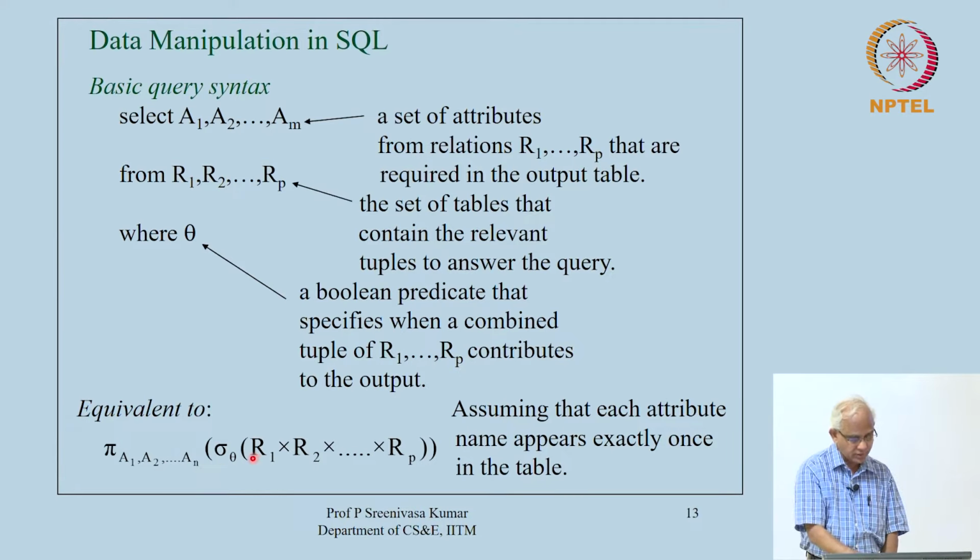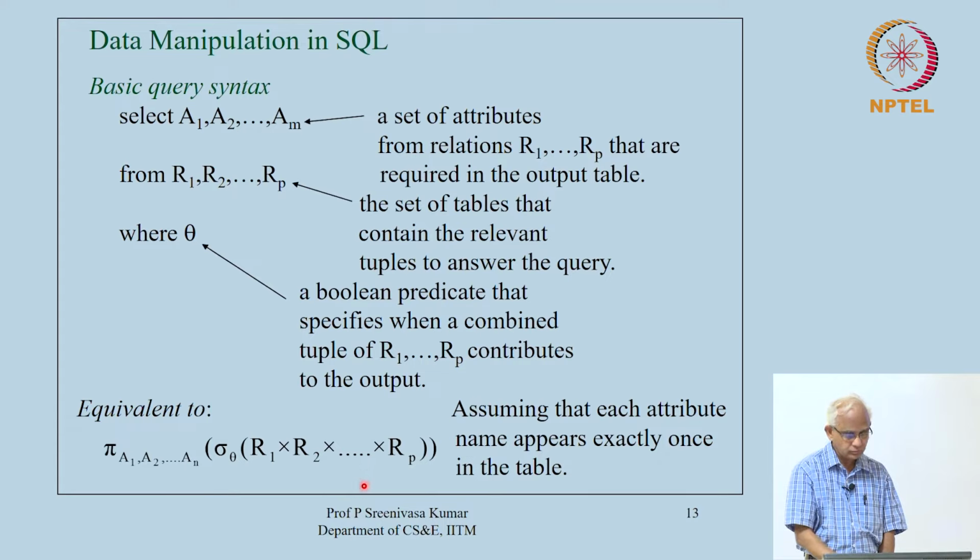You can imagine a big cross product R1 cross R2 cross Rp of all the relations mentioned, then you select tuples from that combination that satisfy the where condition, and project A1 through Am. It is logically equivalent to this relational algebra expression, and with this equivalence written down, it becomes very clear what the select-from-where query achieves.